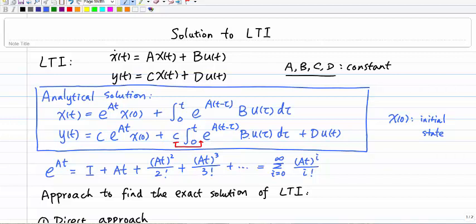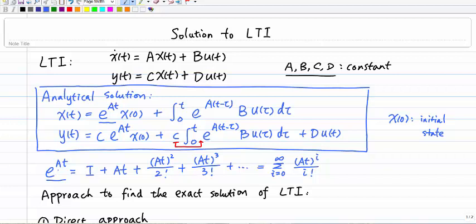Here we have one specific function, which is e to the A t. You can also have e to the A (t minus tau). You can write it the same way, but the difference is that you move from t to t minus tau. Other than that, the computation is fairly the same.